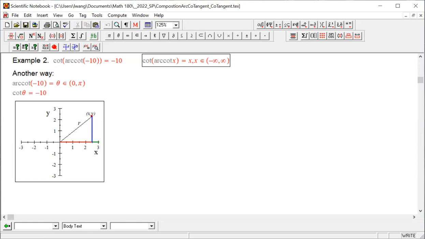The same argument applies: I measure from the standard position. It cannot terminate in the first quadrant, because then it would have been a positive ratio. It must be terminating in the second quadrant.